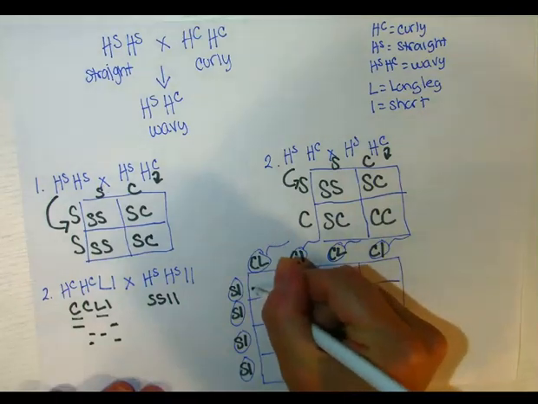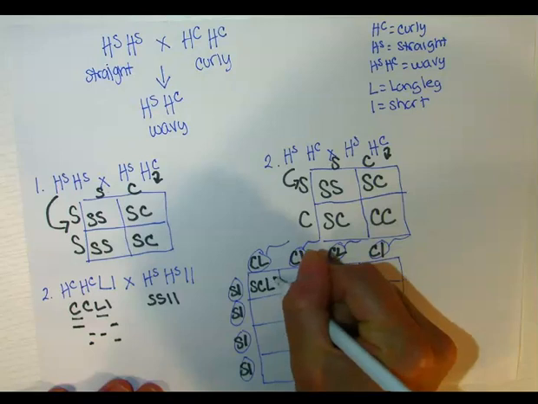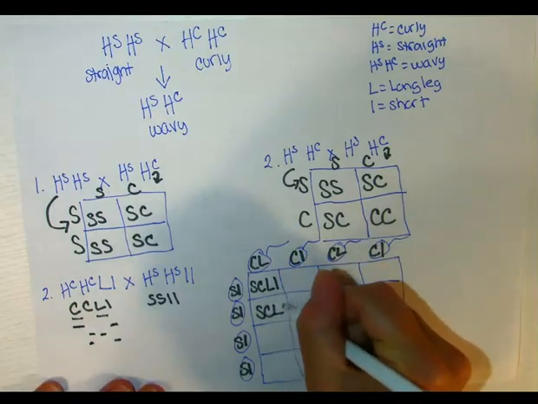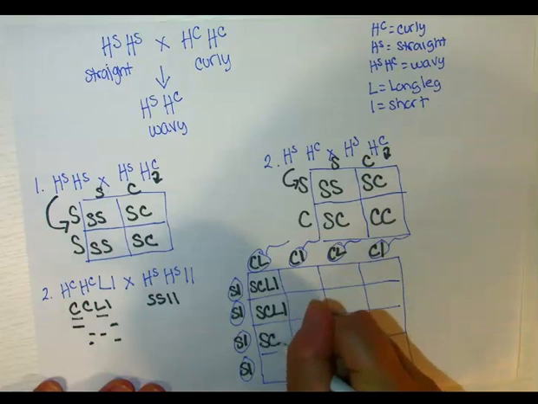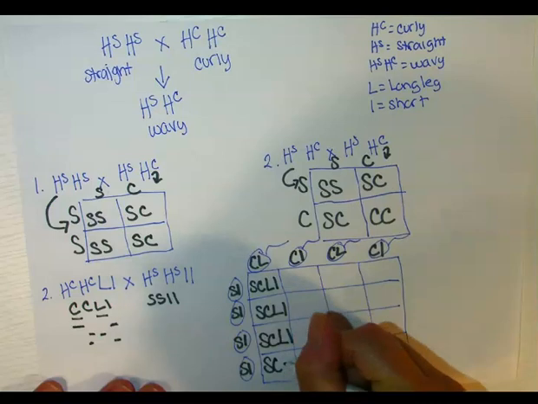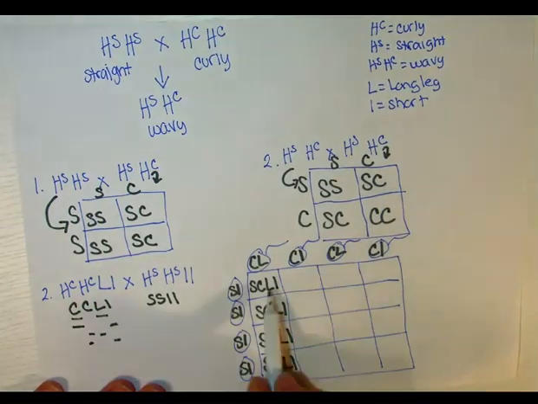So this one is going to be SC, big L, little l, SC, big L, little l, SC, big L, little l, SC, big L, little l. So all of these kids, these 4, are going to have wavy hair and long legs, okay?